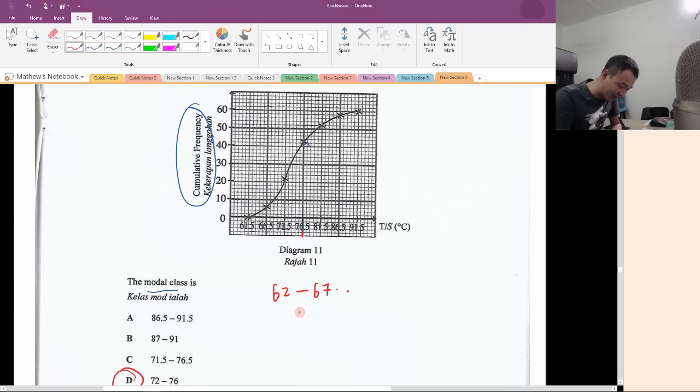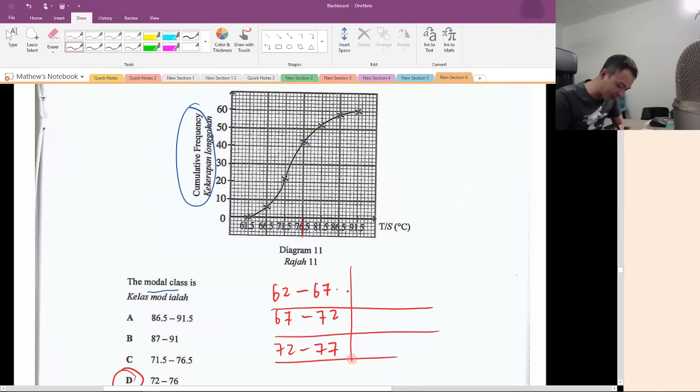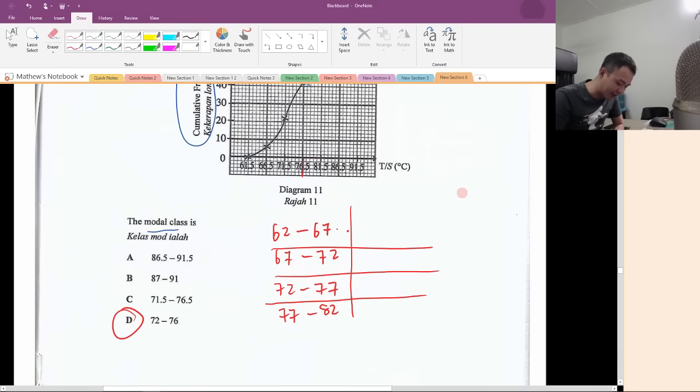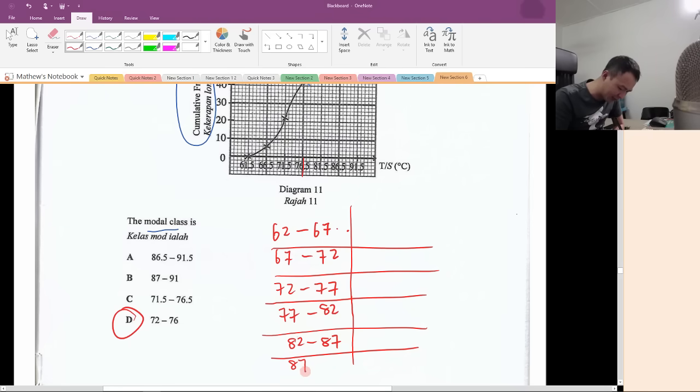Then the next one is from 62 to 67, and from 67 to 72, and then the next class should be, yeah, the class is a bit weird, 72 to 77, and then the next one should be 77 to 82. Then the next one should be from 82 to 87, and then from 87 to 92.